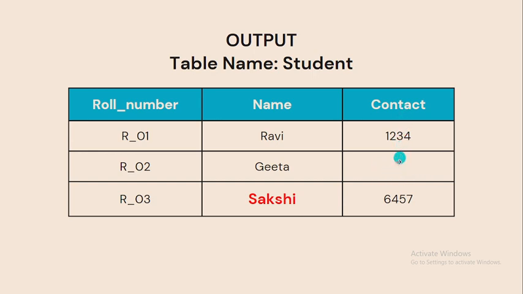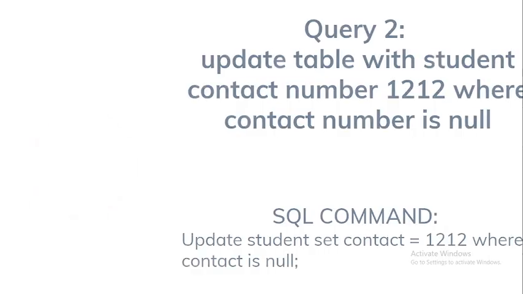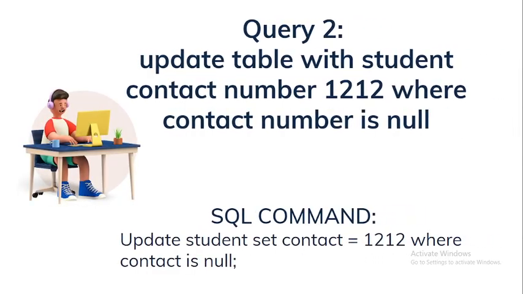So contact is null for the student whose roll number is r_02, or we can say for the student whose name is Geeta. In either case, if you want to replace this null with some value, we can do it. So let's see how to write the SQL command in this case.